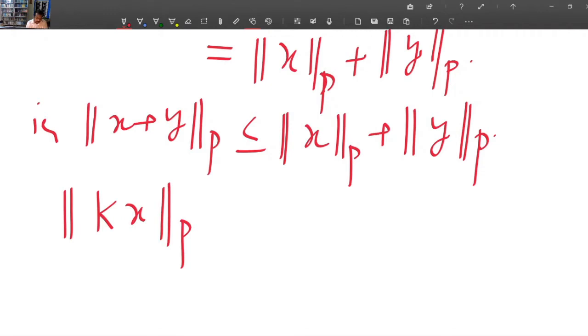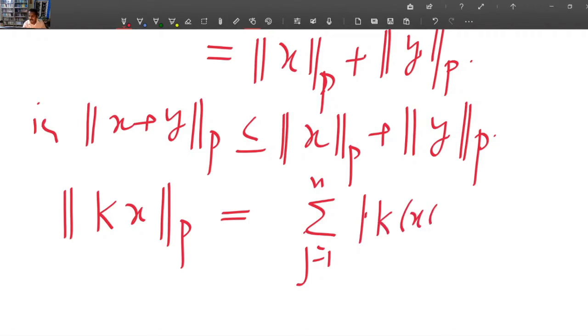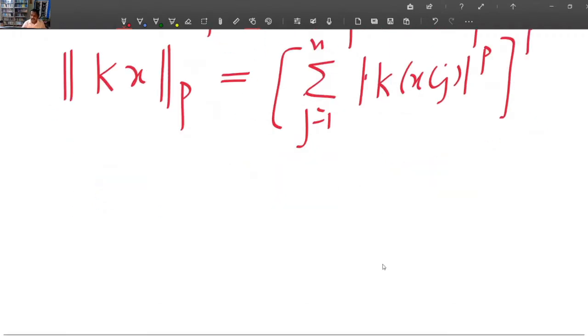You know this is equal to sigma j is equal to 1 to n modulus of k into x of j the whole raised to p, the whole raised to 1 by p. So you have this is equal to, you can take modulus of k outside, so this is equal to modulus of k.